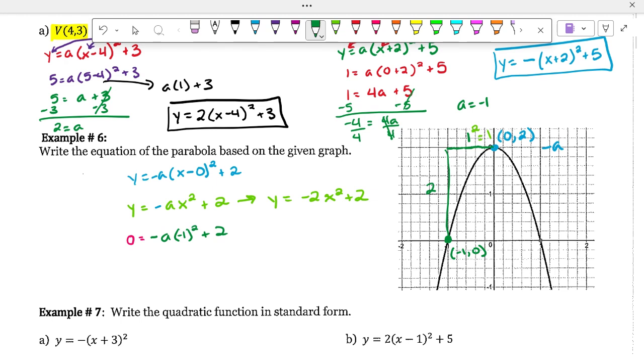What's -1 squared? 1. So this would be 0 is equal to negative a plus 2. Subtract 2 from both sides, I get -2 is equal to negative a. Divide by the -1. A is equal to 2. But remember, I'm plugging it back into this version of the function where it's already negative. So I just got to remember to put the negative on there.